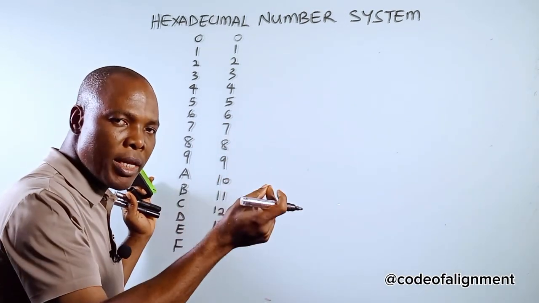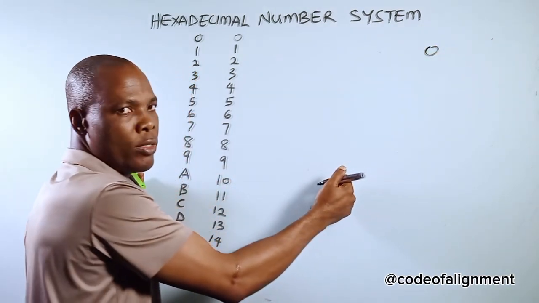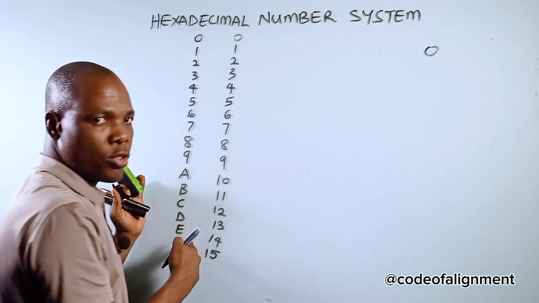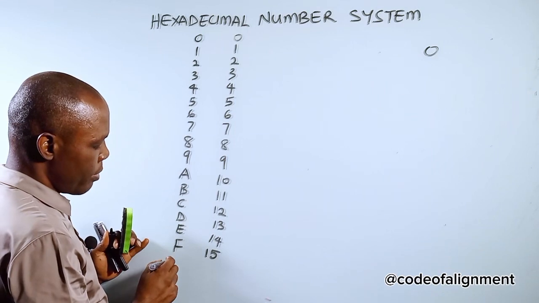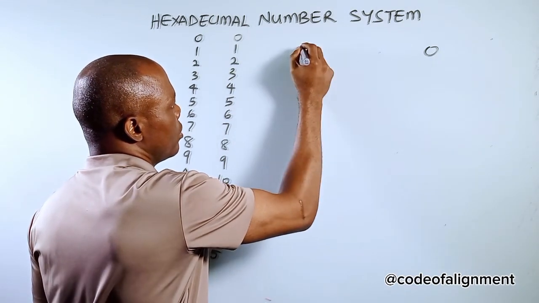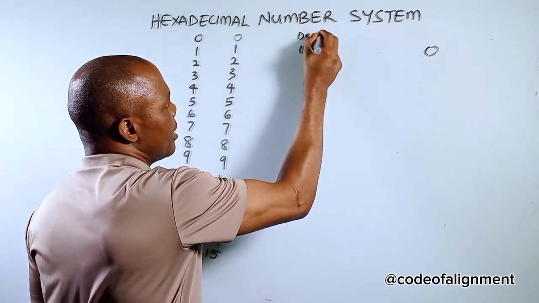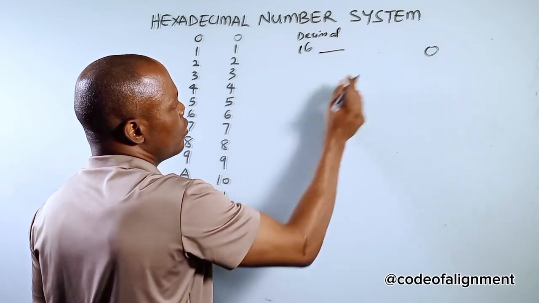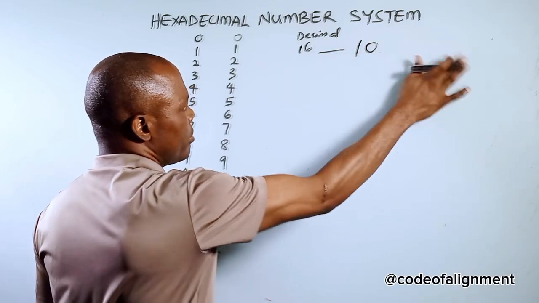Same thing, placeholder. Because of 0, we have 0 as a placeholder, so we can create that structure. We move from here, coming up. So 16 in decimal will be equivalent to 1, 0.